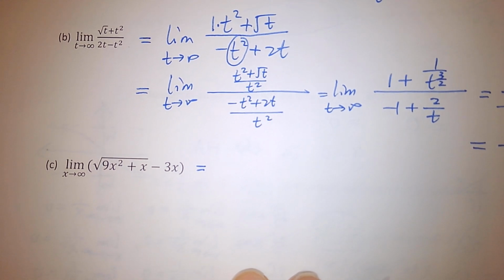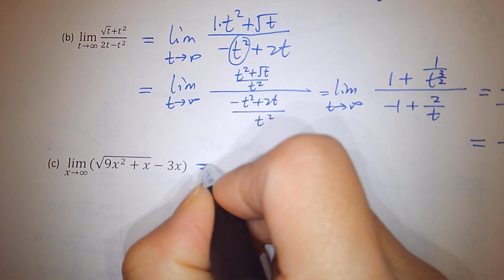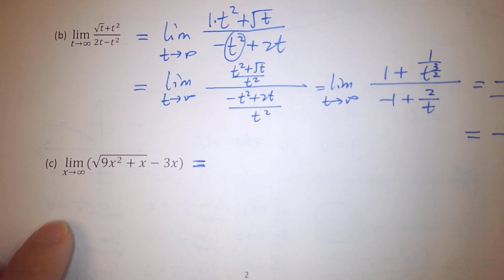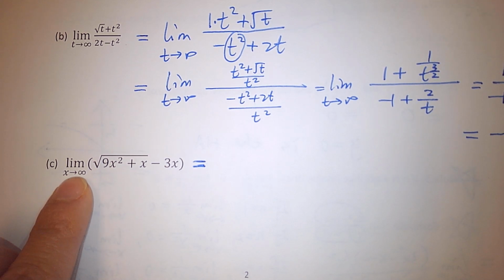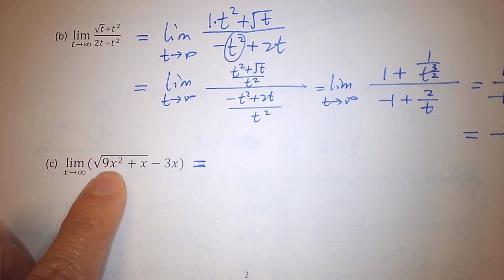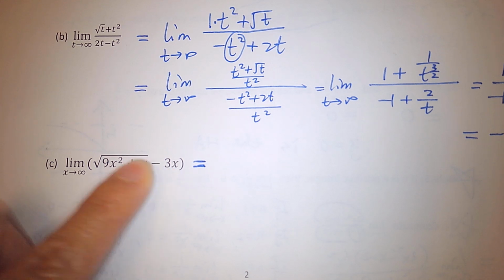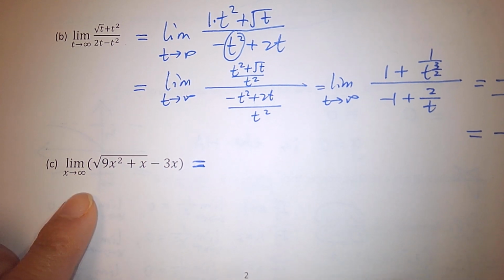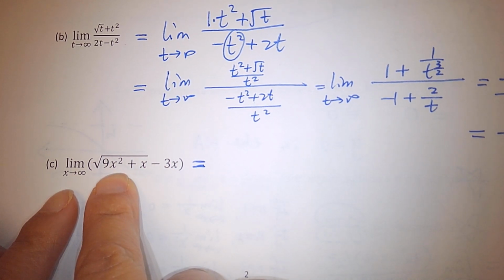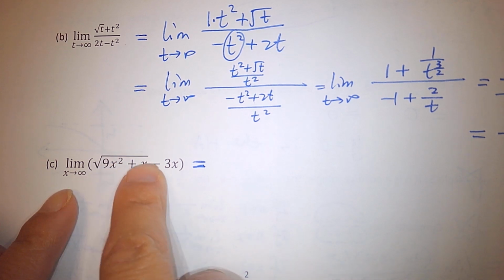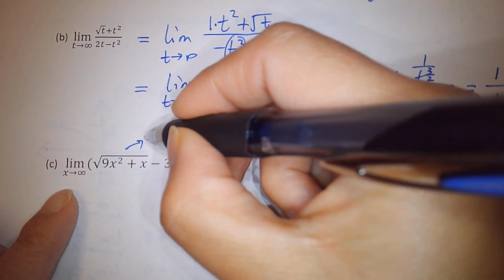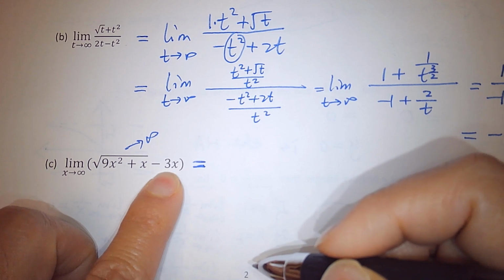The last question from the notes. As x goes to infinity, square root of 9x squared plus x, minus 3x. What is this? 9x squared goes to infinity, plus x, infinity. Square root of infinity goes to what? Infinity. How about 3x?